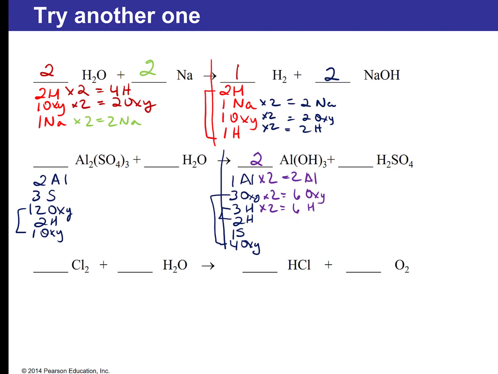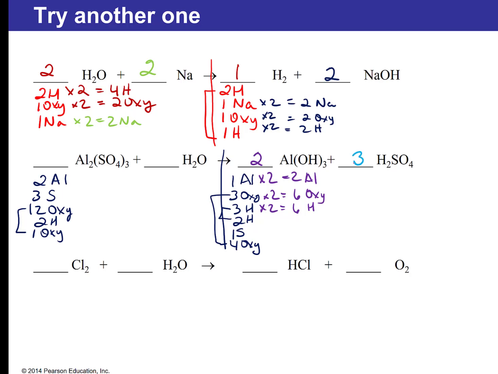Okay, so what's the other one that's simple? Yes, the sulfur. Okay, so on the product side, I have 1. Reactant side, I have 3. So I'm going to have to change. How many H2SO4s do I need? On the product side, how many H2SO4s to have 3 sulfurs? 3.